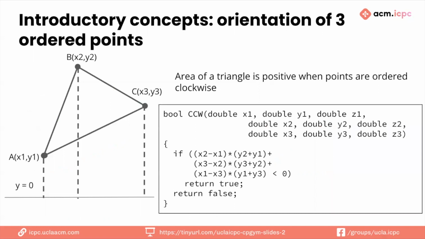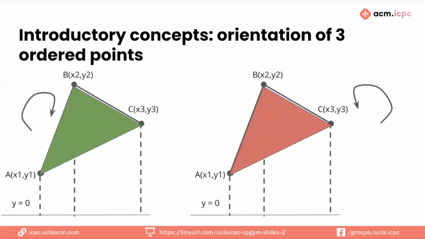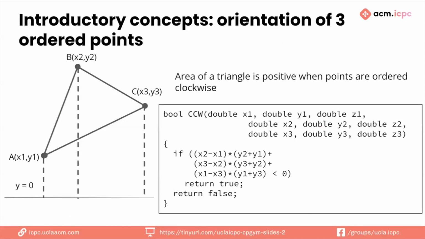We don't have to divide by 2 necessarily, but as we will notice, if the area is negative, which is the second case, the points are oriented counterclockwise. So the function that's in the example here, which returns true if it's counterclockwise and false if it's clockwise, will return true in this case and false in the other case. Any questions so far?